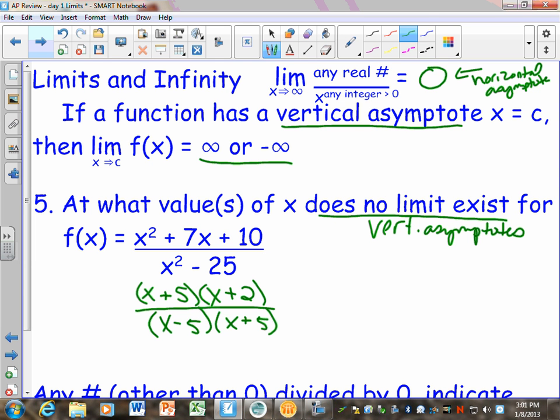So this one's tricky because you might say both 5 and negative 5 have no limit. But because I can cancel out this x plus 5, that just means there's a hole there. It doesn't mean that there's an asymptote. So the answer here would be at x equals 5, there would be no limit because that means there's a vertical asymptote.